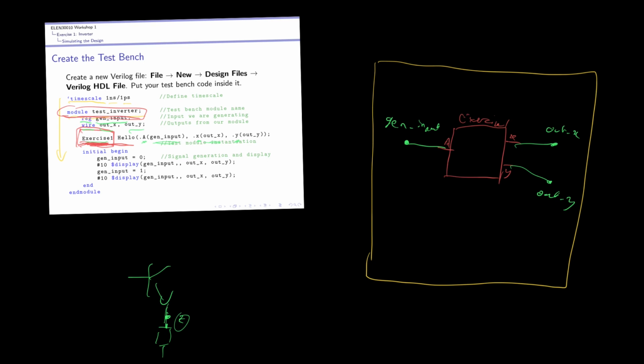So the way we can show this is using a timing diagram. I can have time along the bottom here. At time 0, I have got 3 junctions that I'm interested in. I have got my gen input, I've got my out x, and I've got my out y.